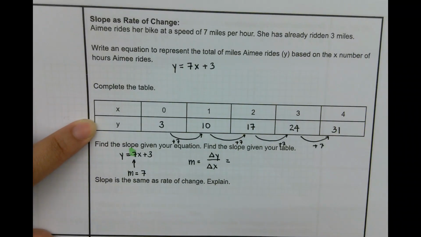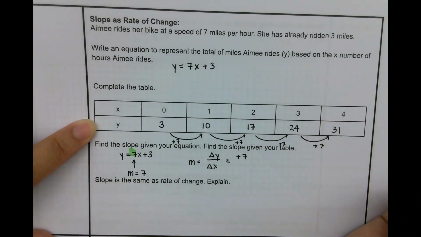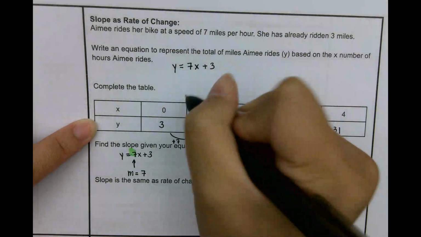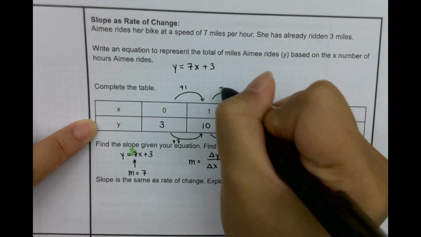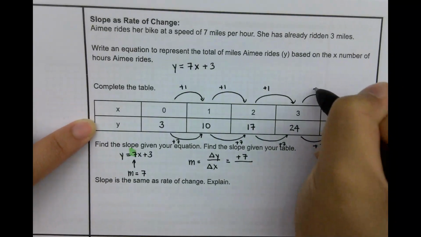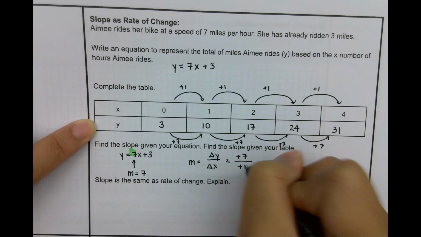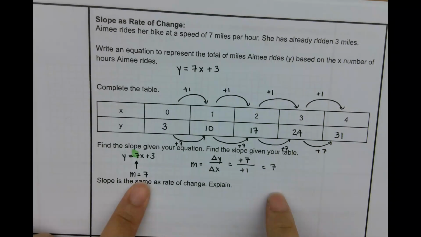So what happened is our y's changed by adding 7. Our x is changed, right, by adding that 1 hour. So that's our change in x. Positive 7 divided by positive 1 equals 7. As we can see, whether with our equation or with our table, it is the same.